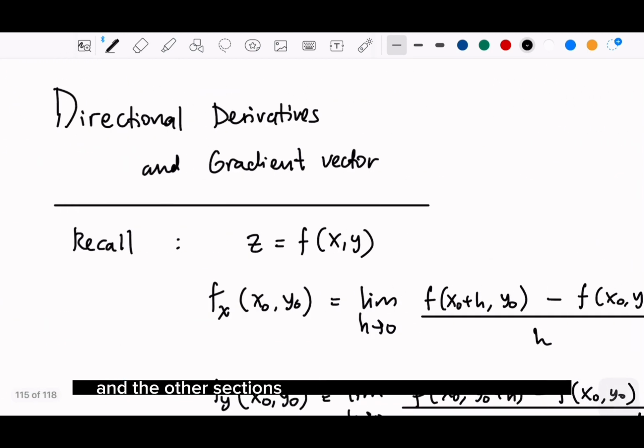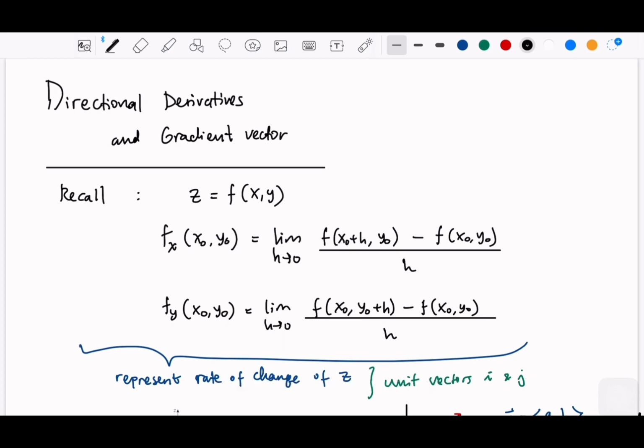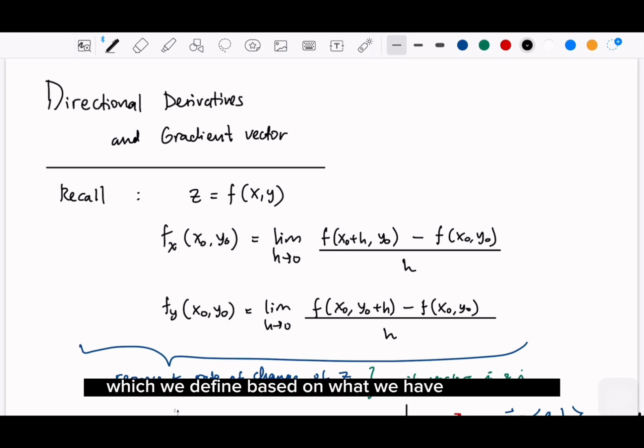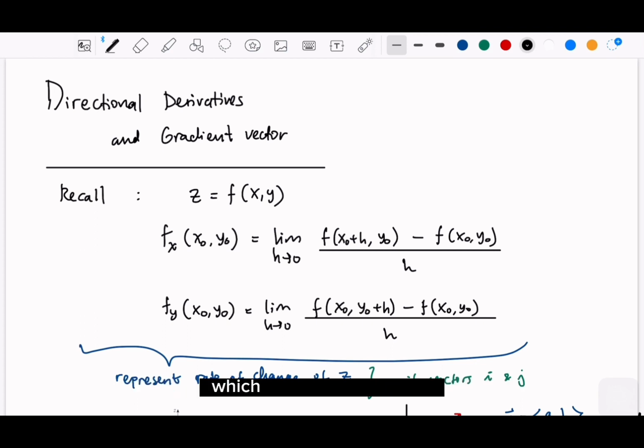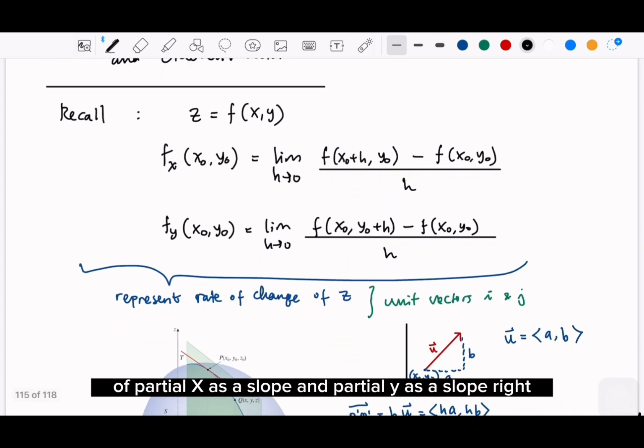The other section that we discussed in class is the directional derivative, which we define based on partial x and partial y, which define the tangent plane. The tangent plane is basically the tangent line with partial x as a slope and partial y as a slope, right?